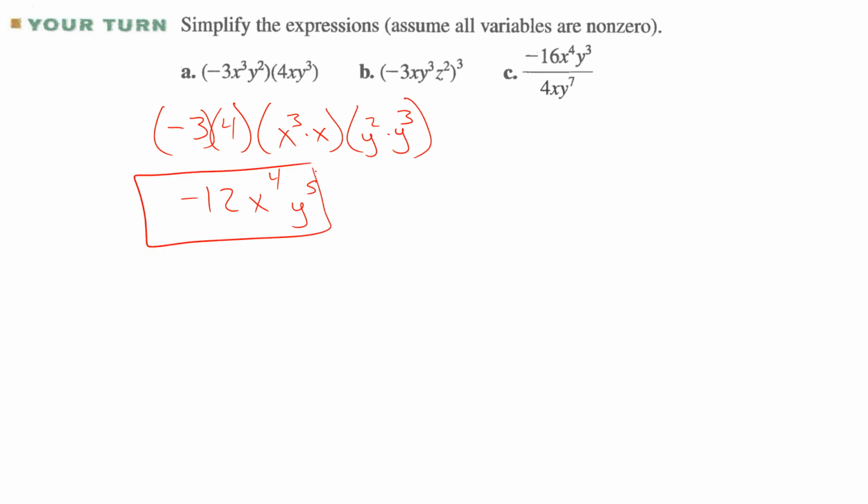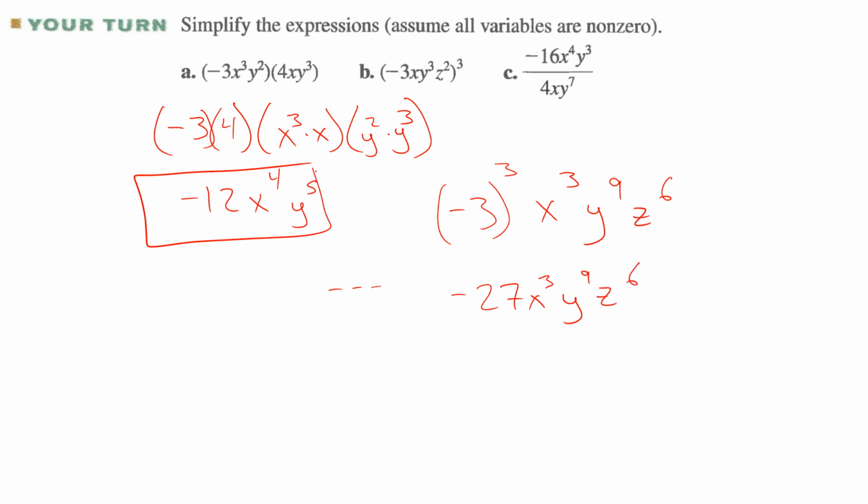Okay, b, negative 3 cubed, x cubed, y to the 3 times 3 is 9, z to the 6th, 2 times 3, and so this is going to be negative, because it's a negative times a negative times a negative, negative 27 x cubed, y to the 9th, z to the 6th.